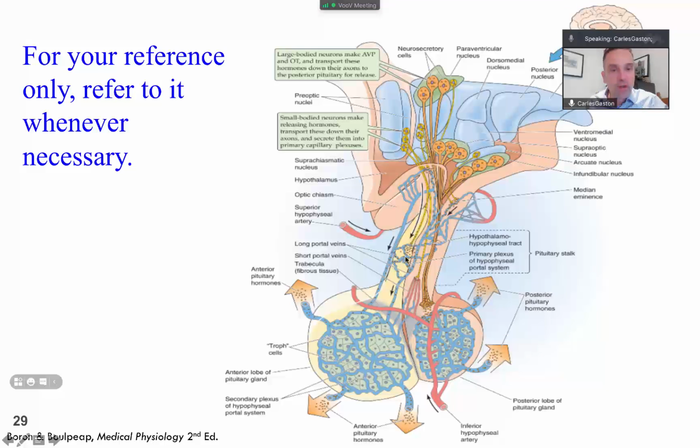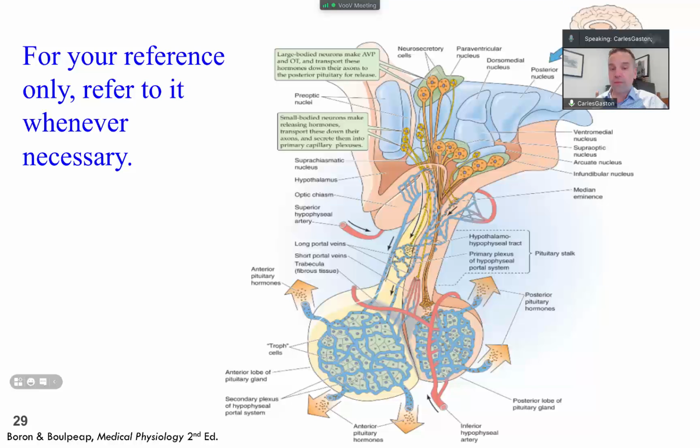These neurons project in two ways. One goes into the anterior pituitary, but they don't make contact with the endocrine cells. What they do is secrete their factors into the capillary plexus, which drains these peptides and hormones to the anterior pituitary, which contains the trophic cells that produce growth hormone, thyroid stimulating hormone, adrenocorticotropic hormone, follicle stimulating hormone, and so on.